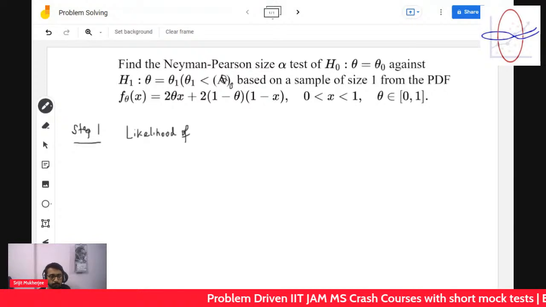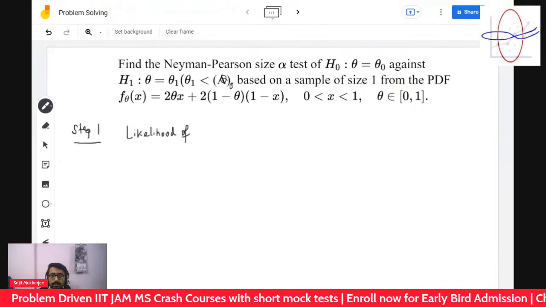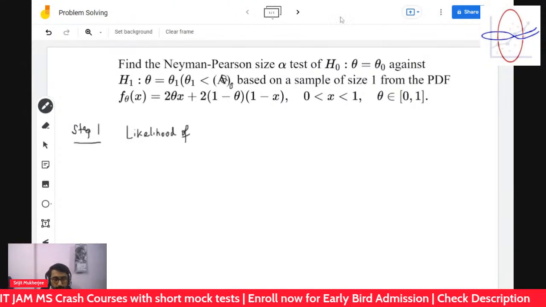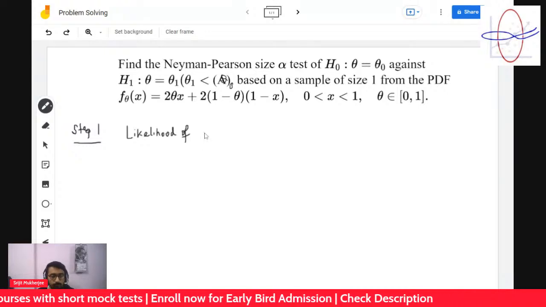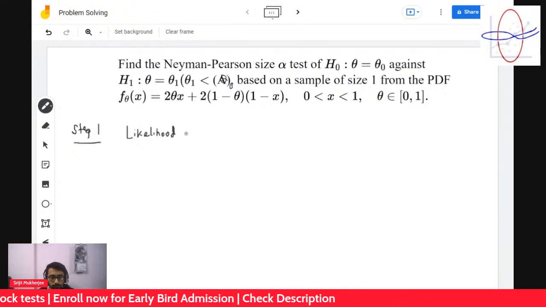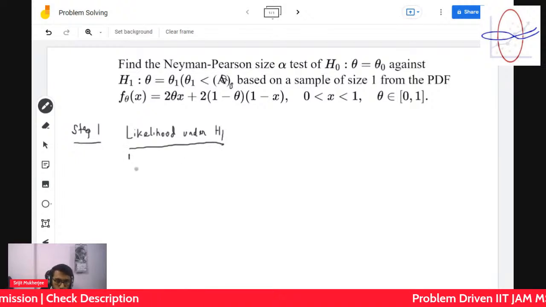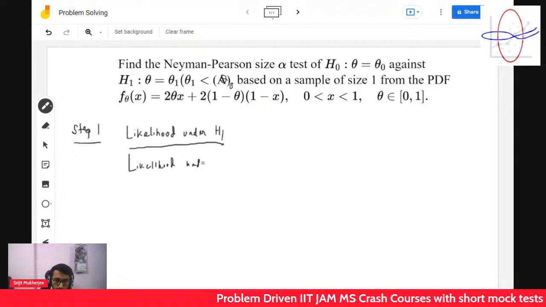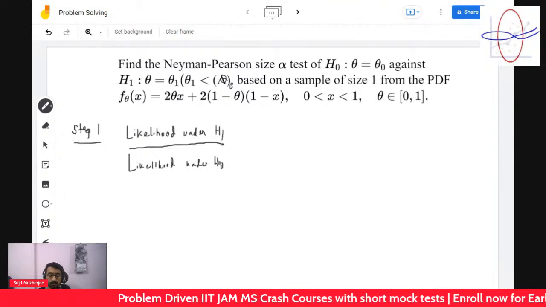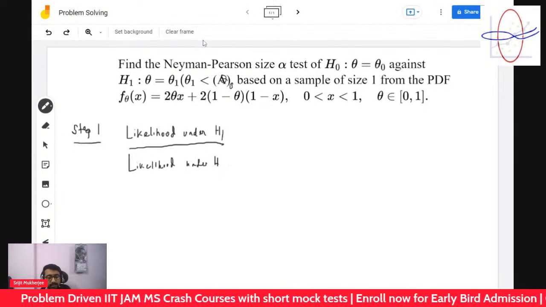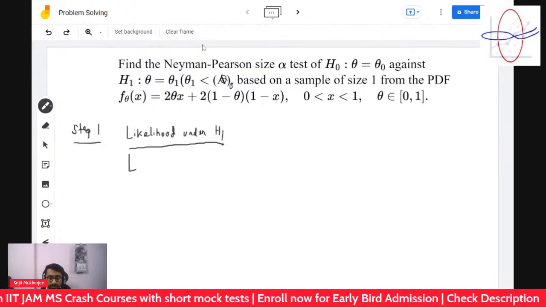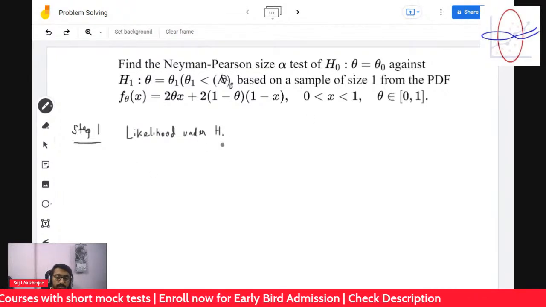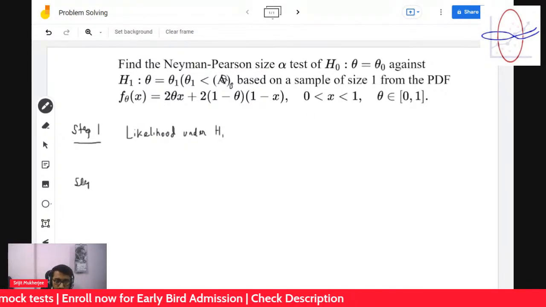Likelihood under H1 divided by likelihood under H0. Very good, that is important. So you first need to find the likelihood under H naught, and likelihood under H1. Sorry, let's find the likelihood under H1 and the likelihood under H naught. Step 1 is H1, step 2 is H naught, and divide it.